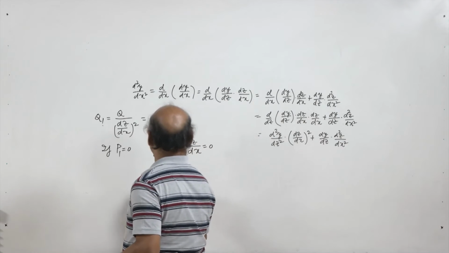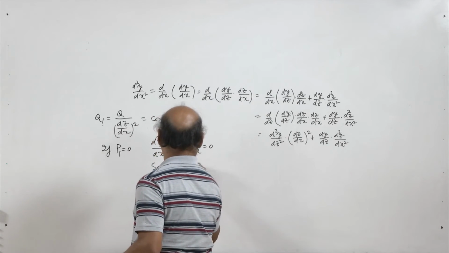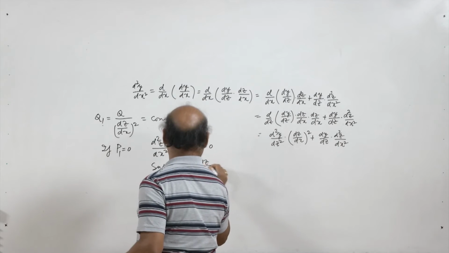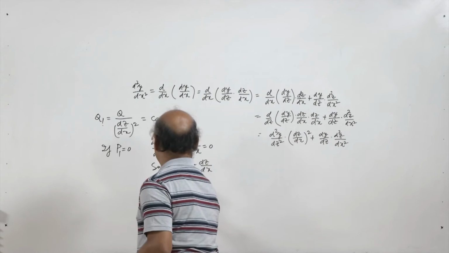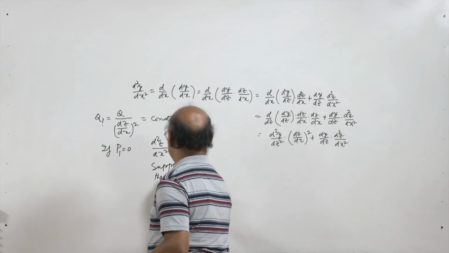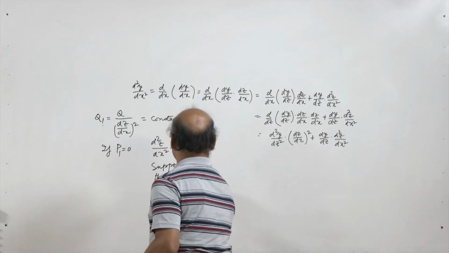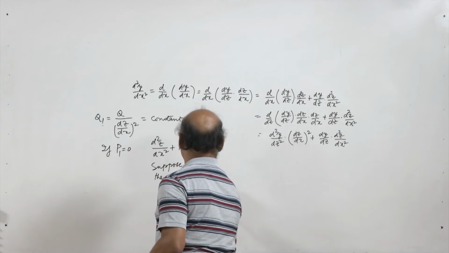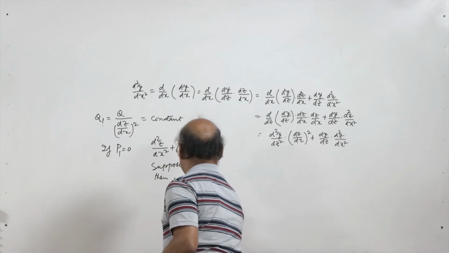Okay, so let us say, suppose u is equal to dz by dx, then the above equation can be expressed as du by dx plus p into u equal to 0. We can separate the variables u and x.